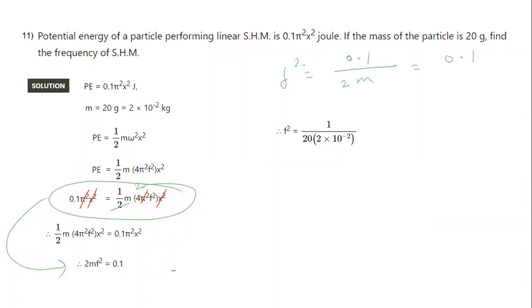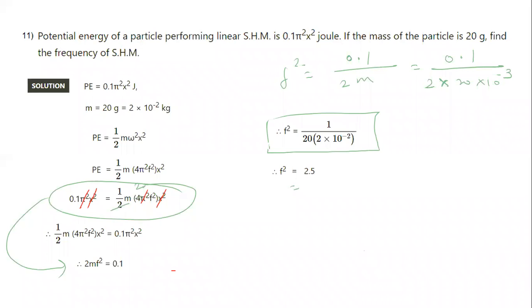So 0.1 divided by 2 into 20 into 10 raised to minus 3. That 20 into 10 raised to minus 3 we can write 2 into 10 raised to minus 2. And this 0.1 we have written 1. So here it is 20. So we have to solve this.